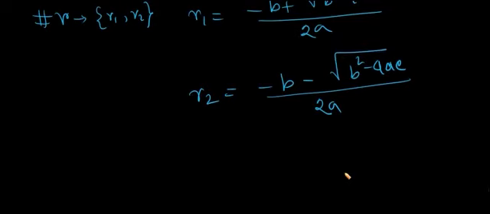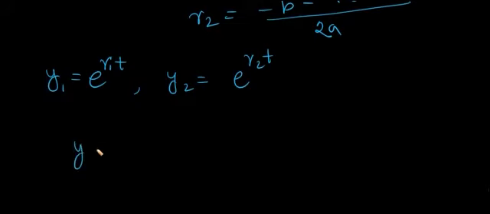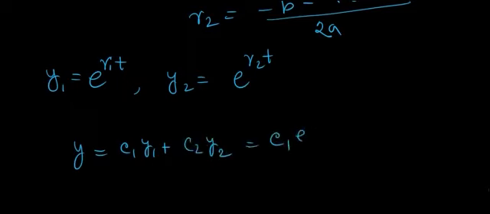And now you can construct your y1. Let's say y1 corresponds to the first root r1, so y1 will be e to the power r1t, and y2 would be e to the power r2t, and finally y will be c1 y1 plus c2 y2, that is c1 e to the power r1t plus c2 e to the power r2t, where c1 and c2 are arbitrary constants.